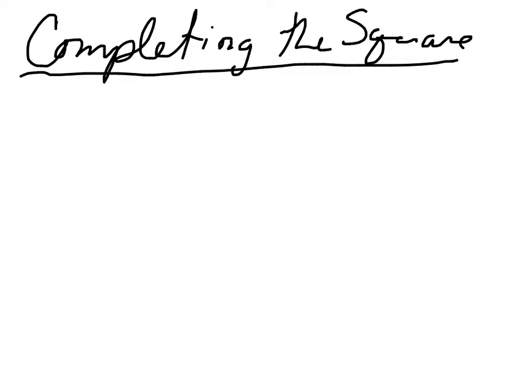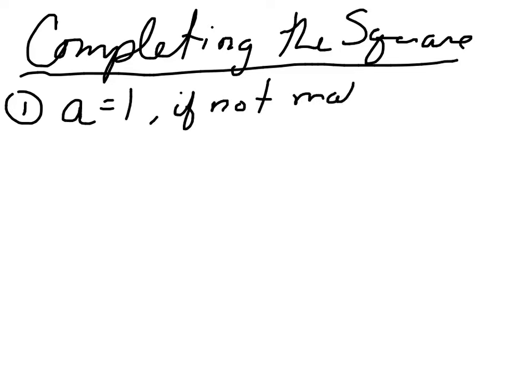So when we complete the square, the first step is your a should equal 1. If not, make it. Now, what number am I referring to when I talk about a? Do you guys remember? It's the number in front of x squared.